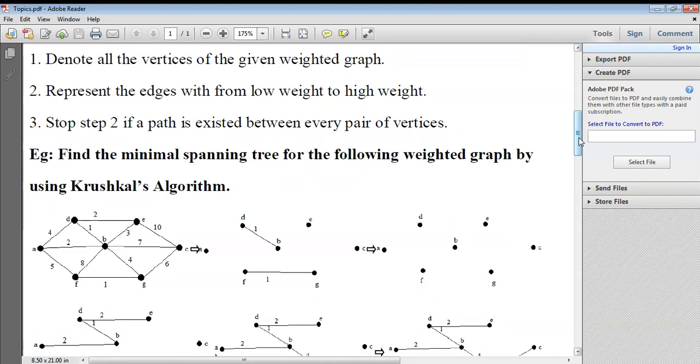Then the last point: repeat step 2 until every pair of vertices is connected.